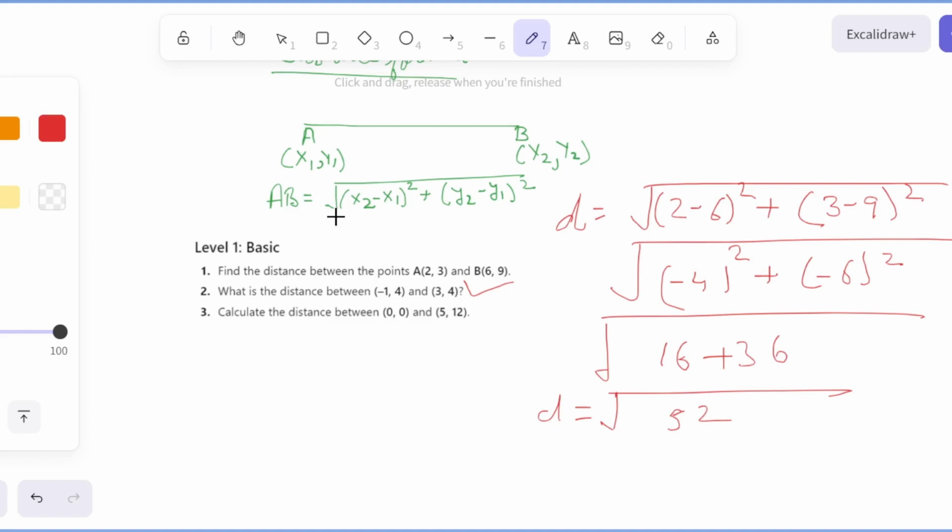What is your answer? It's 4 units. Let me check: minus 1 minus 3 is minus 4, that becomes 16, and 4 minus 4 is 0. So yes, that's correct, 4 units.